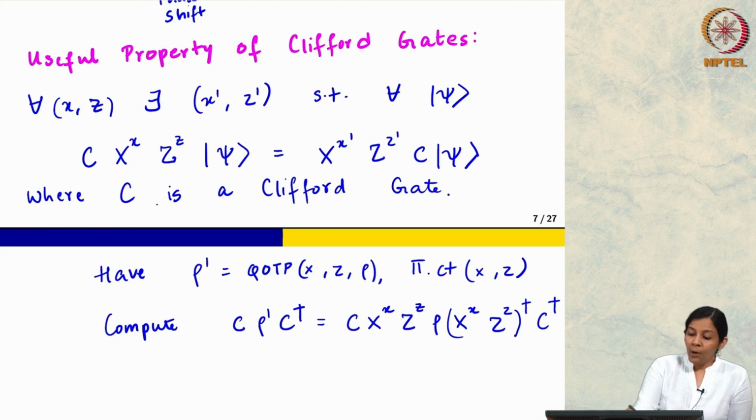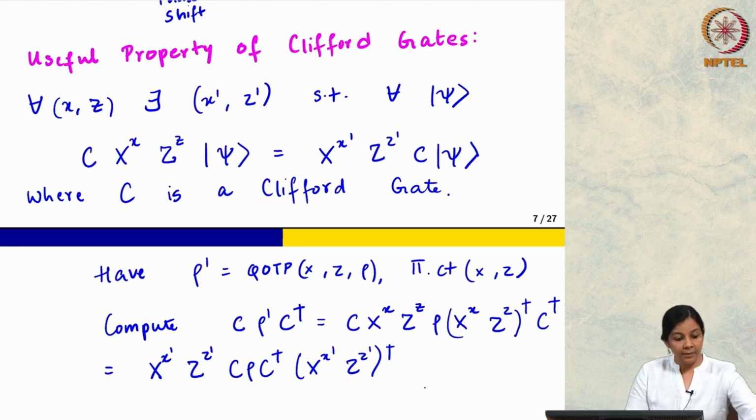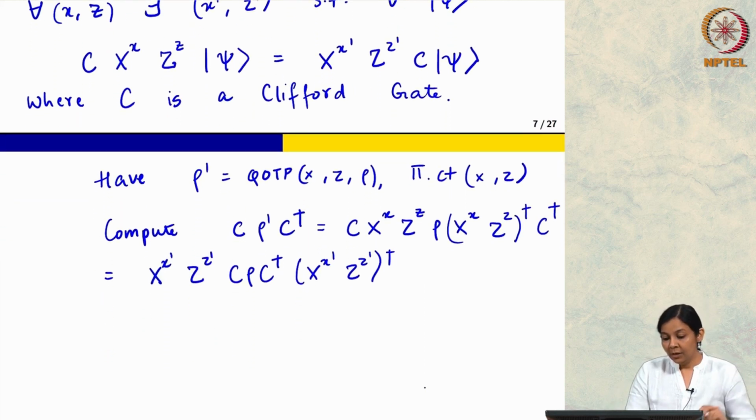Now, by the property that I have, I can write this as X to the x prime, Z to the z prime, C rho C dagger, X to the x prime, Z to the z prime dagger, by the property that we stated. Okay, so this is what I wanted.